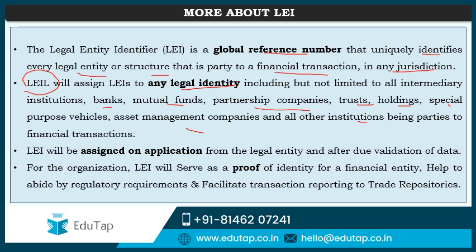Further, this code is assigned on application from the legal entity after due validation of the data. For the organization, this code serves as a proof of identity. This is basically a sort of international financial Aadhaar, a proof of identity for a financial entity across the globe.